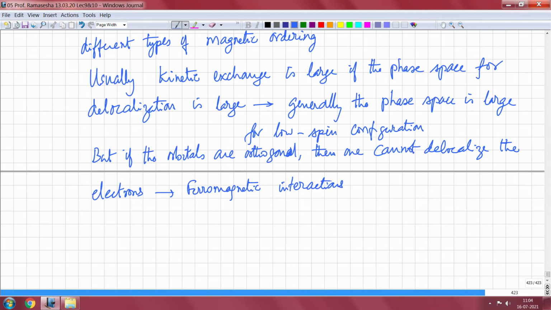On the other hand, if the orbitals are at 180 degrees and they are overlapping, then you will see that you will have antiferromagnetic interactions. Then antiferromagnetic interactions are favored.